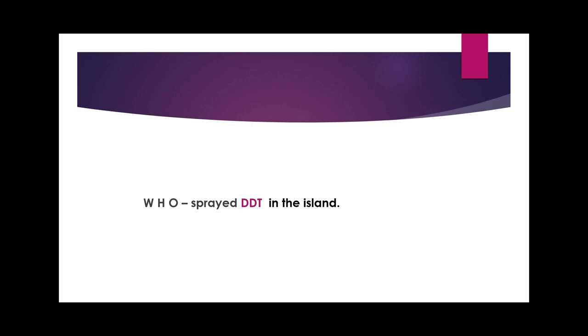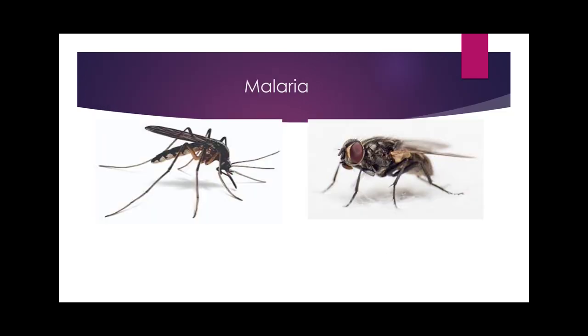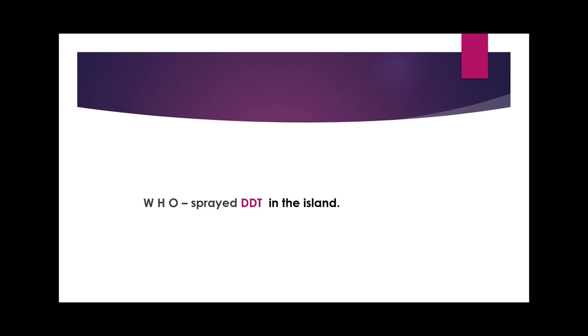So the World Health Organization sprayed DDT on that island of Borneo. And students, DDT is an insect poison. It killed the mosquitoes and flies of Borneo.